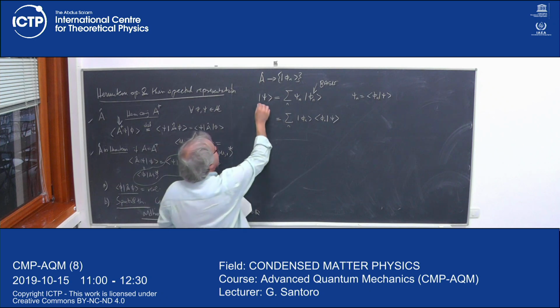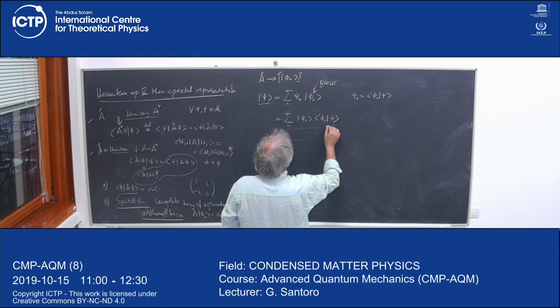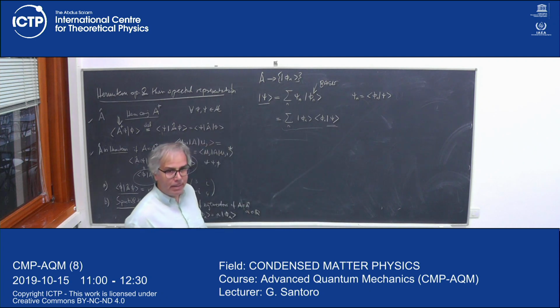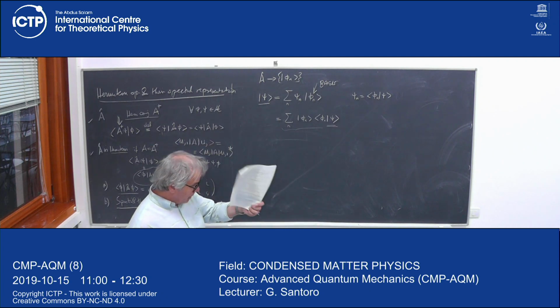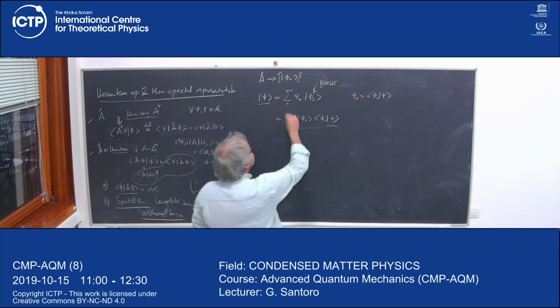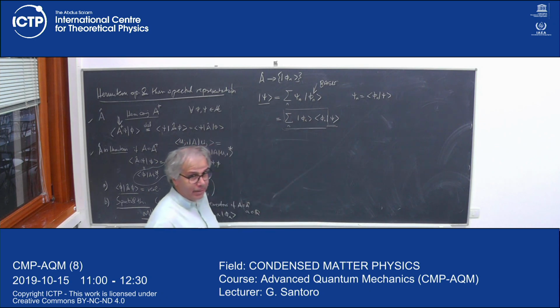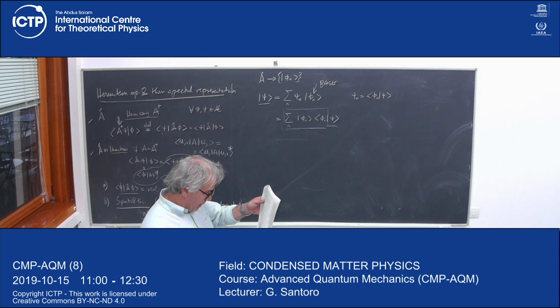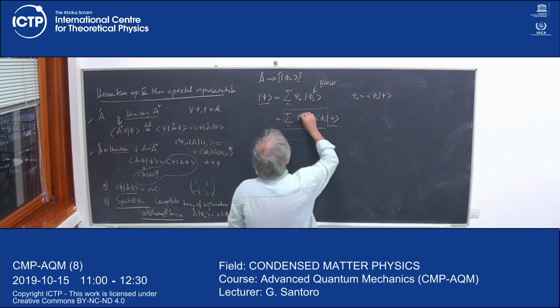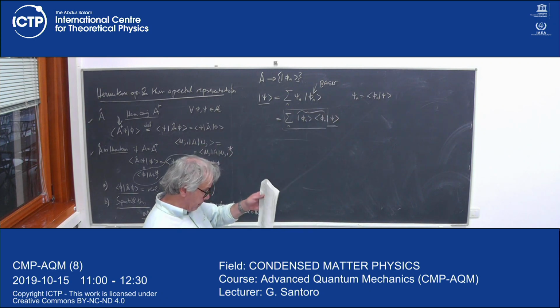Now, psi is equal to something applied to psi. So it is suggested, at least, that this something might be the identity in some sense. But it also suggests a possible role that I should give to this object here.